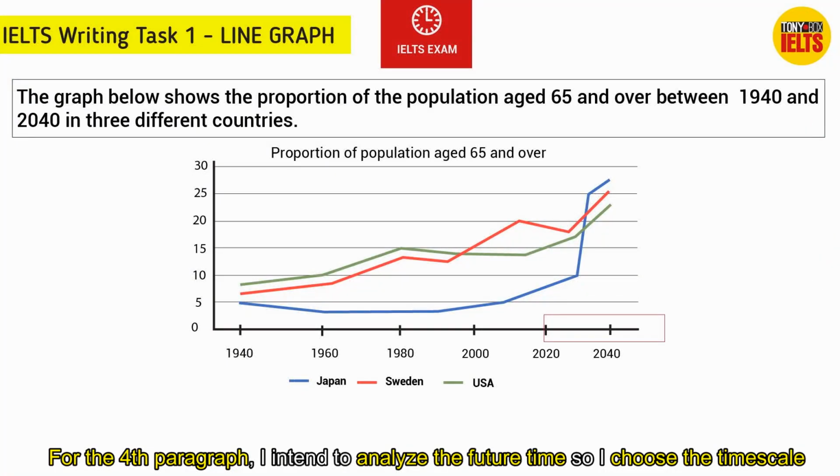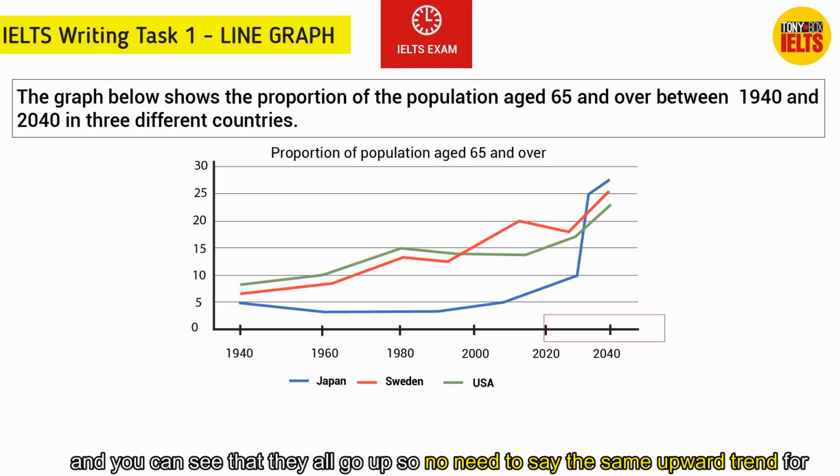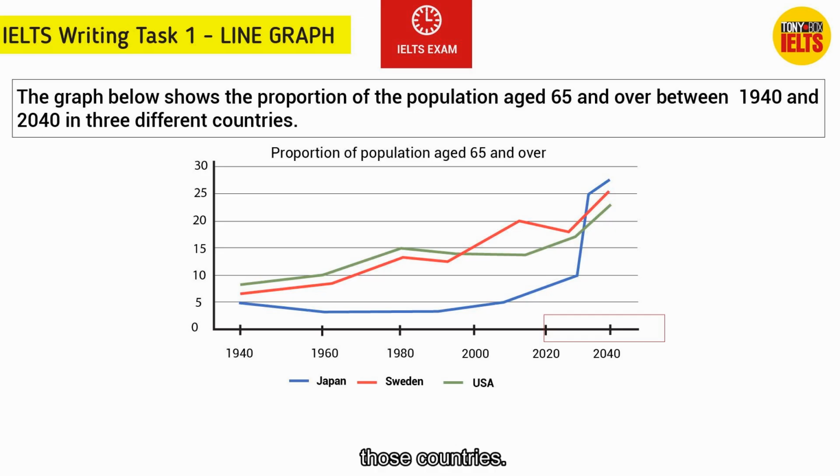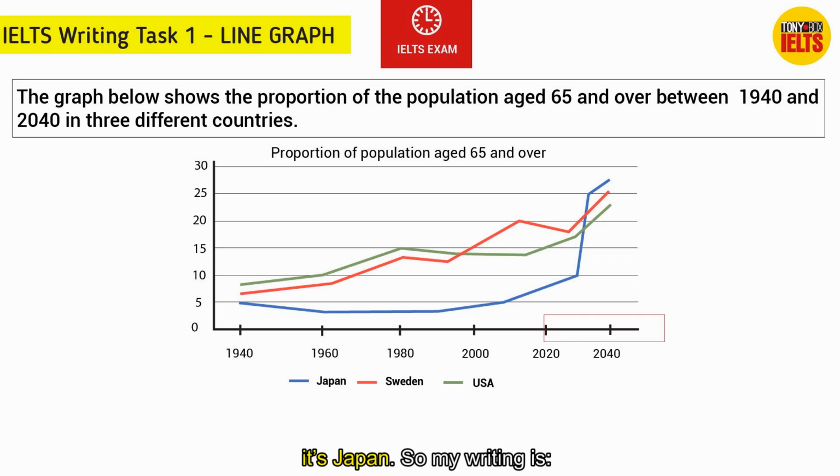For the fourth paragraph, I intend to analyze the future time, so I choose the time scale from 2020 onwards. And you can see that they all go up, so there is no need to mention the same upward trend for those countries. Instead, I decide to show one key point, which illustrates one nation witnessing a soar. It's Japan.